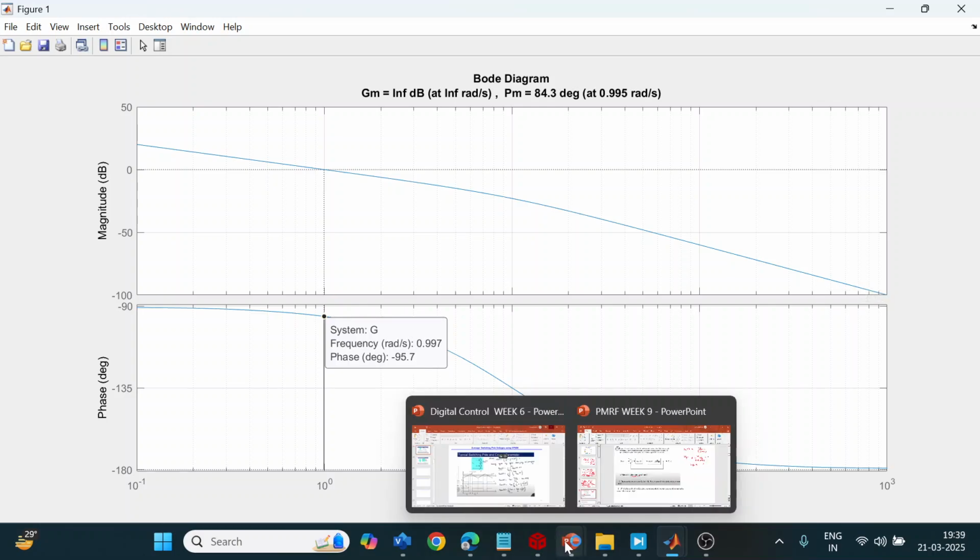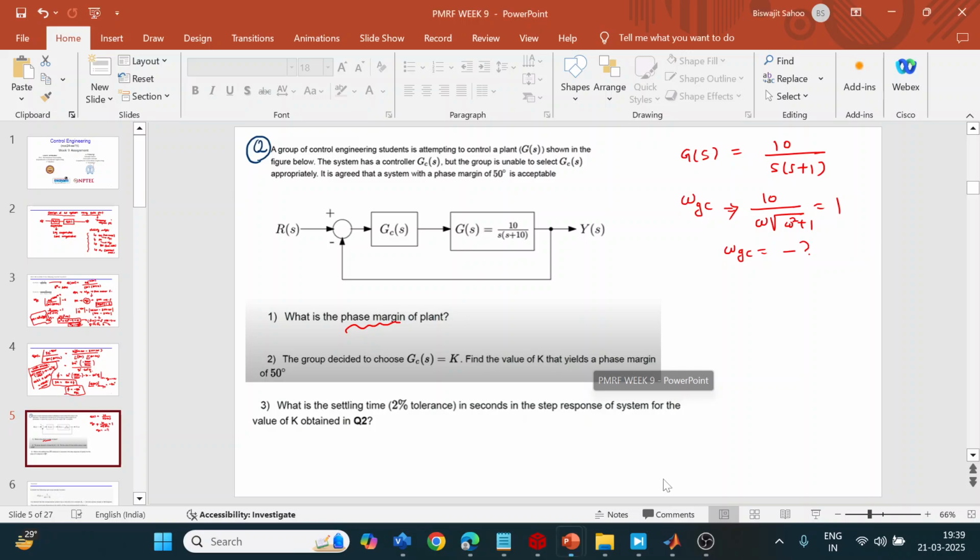Now, the question is telling you that you have to maintain the phase margin at 50 degree. I don't want the phase margin of whatever value you get, 87.6 degree. I want to design my system, I have to add a compensator that will make a phase margin of 50 degree.